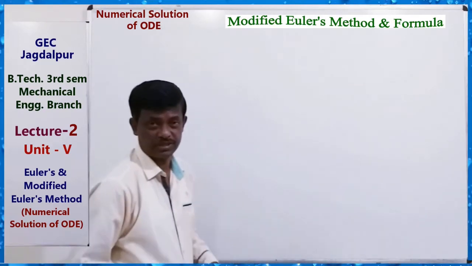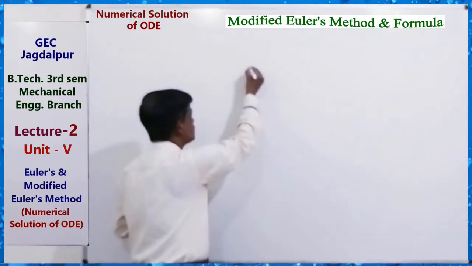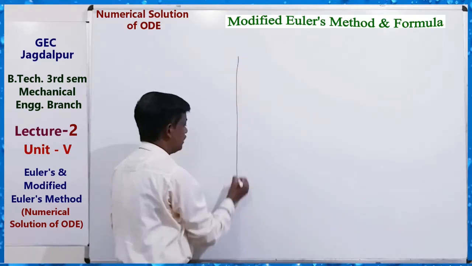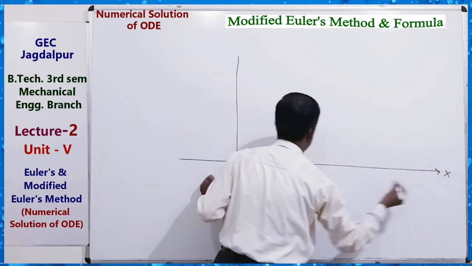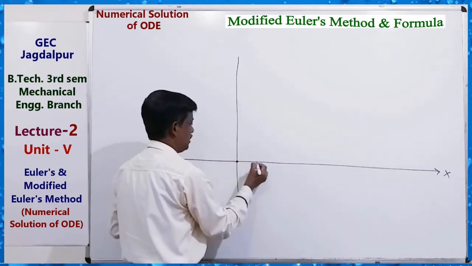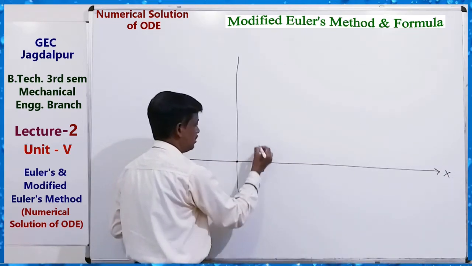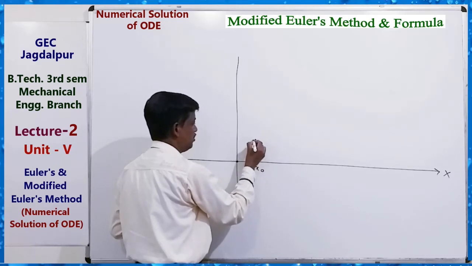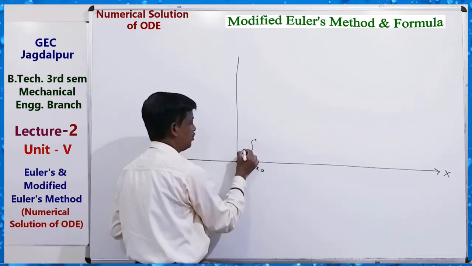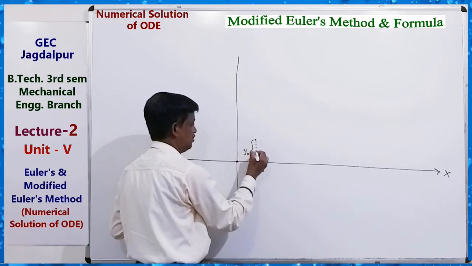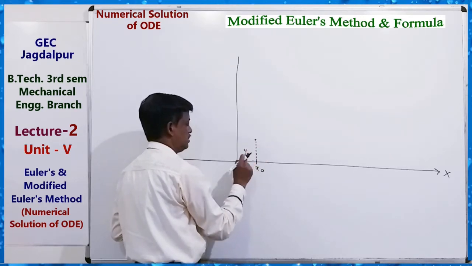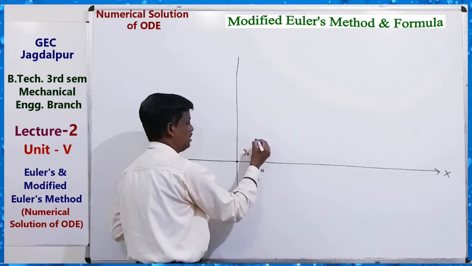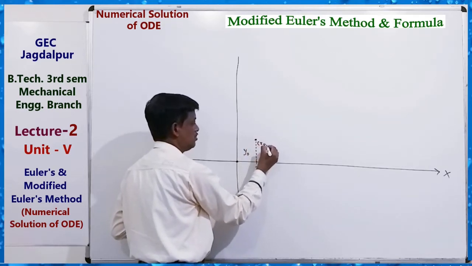Just like the theoretical process in Euler's method, we know this is x0 and this is the corresponding value y0. This point is x0, y0.